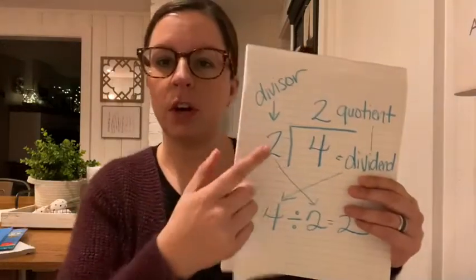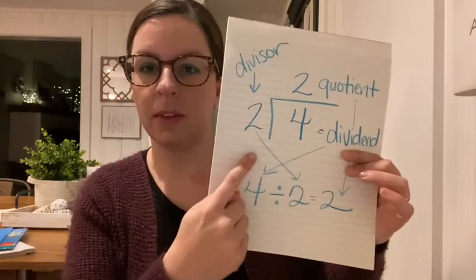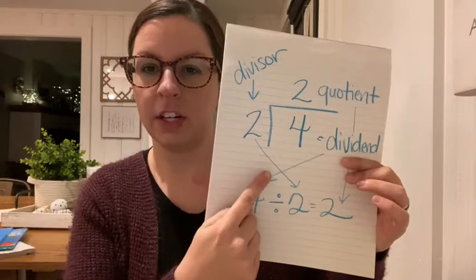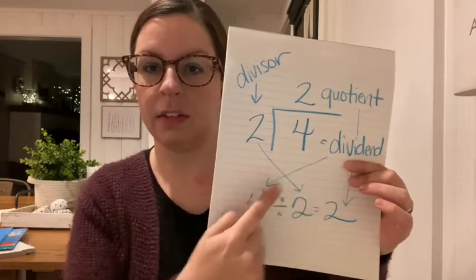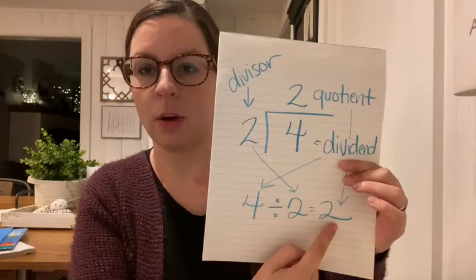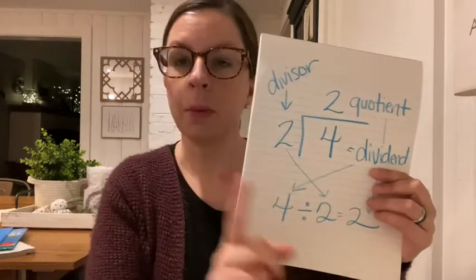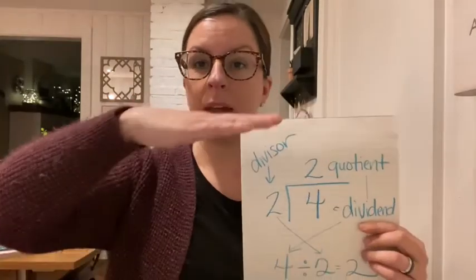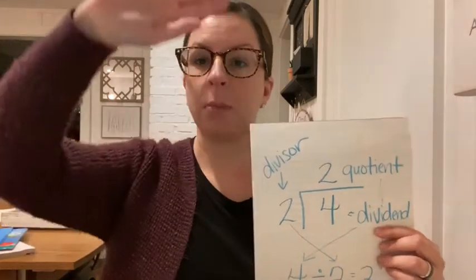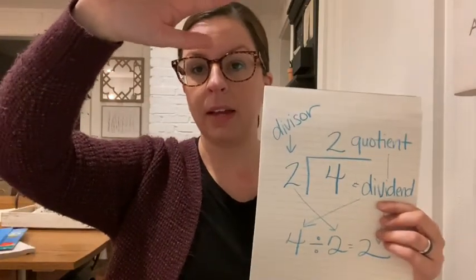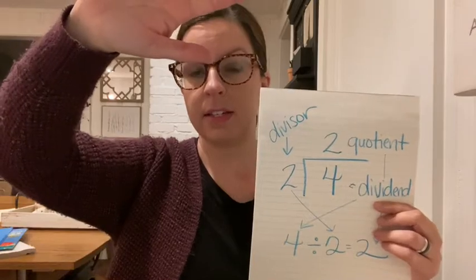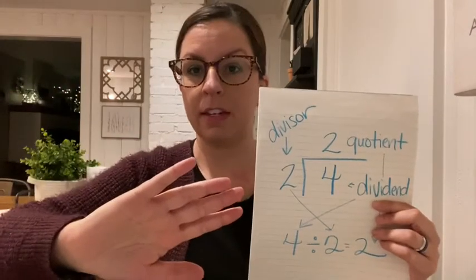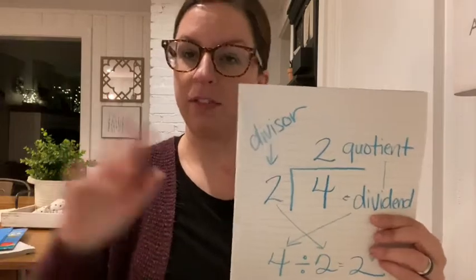On this problem, the divisor is right here, the dividend is right here, and the quotient is right here. Remember, the other way that you can write a division problem is a line with the number on the top being the dividend and the number on the bottom being the divisor, and then the answer after the equal sign.